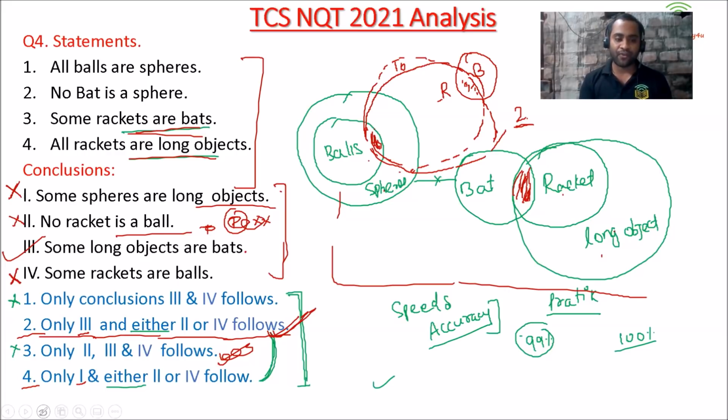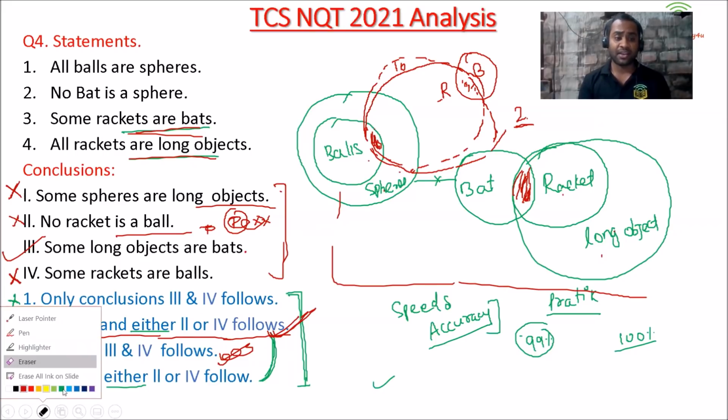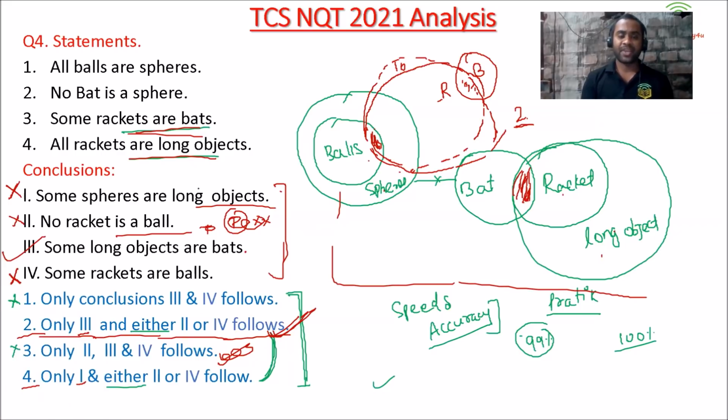Now we will have to check for the either-or condition, okay? Because in the option it is there. See, we know the answer, right? I have already told you, but again, we will see. So for the either-or condition, the first condition is that subject and predicate should be the same. Subject and predicate means what? So see here, racket, ball, and here racket and ball. So subject and predicate are the same.